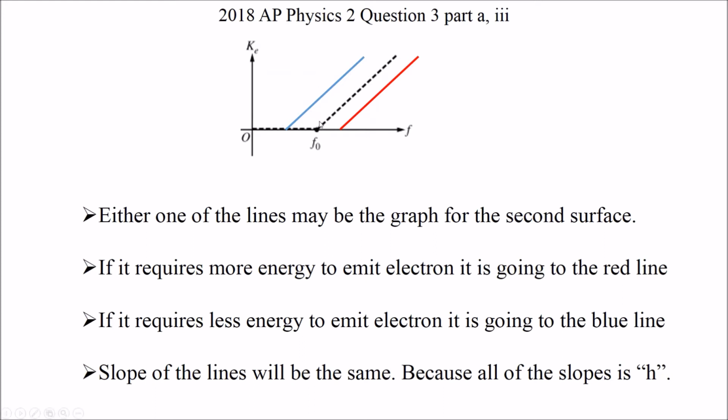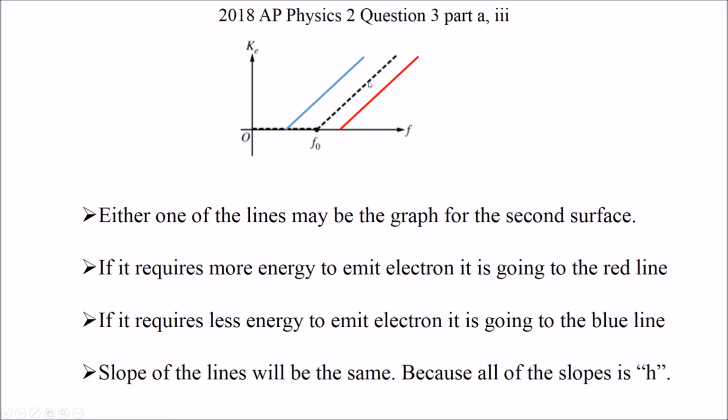Since they just told you it's a different metal, and didn't tell you if it has a higher or lower work function, we can have the line before or after this line, meaning a different threshold frequency. What we know is that the slope of those lines is h, which means the slope must be constant.